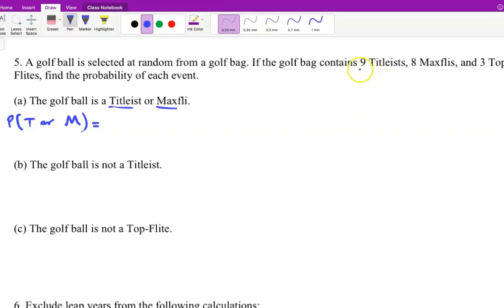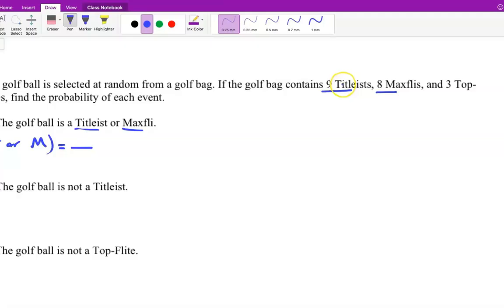So how many do we have in that part? We have 9, and here for M we have 8. So for Max Flights we have 8. And before that we should know how many we have in total. So the total number of outcomes is equal to 9 plus 8 plus 3, and that is equal to 20.